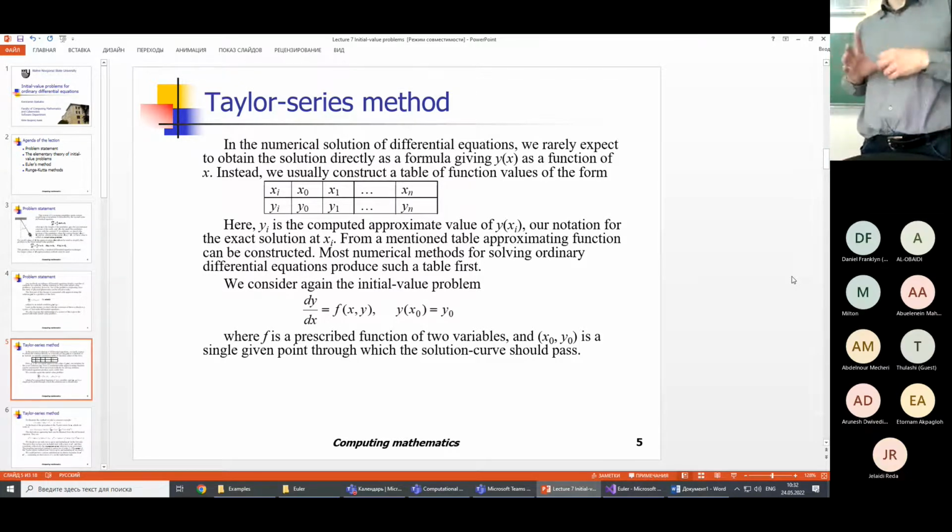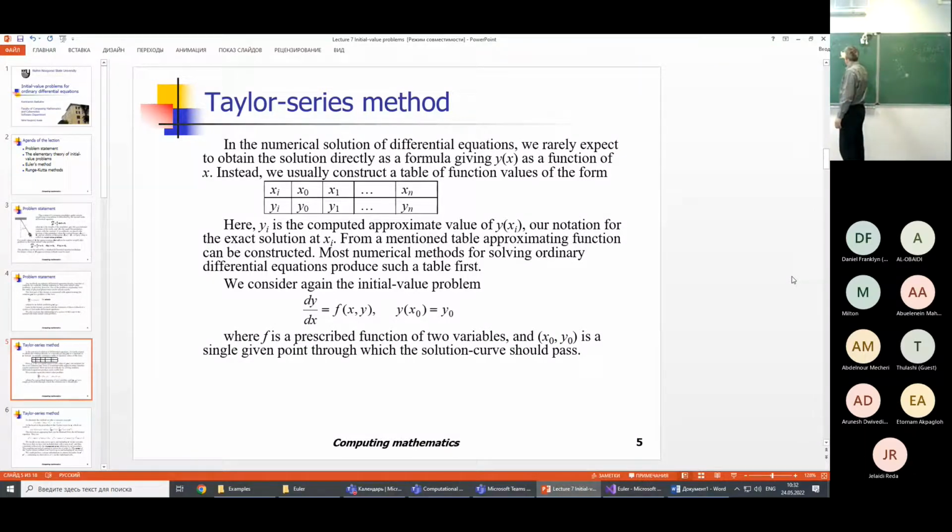Let me repeat again that our goal now is to compute the values of y here: y1, y2, and so on.